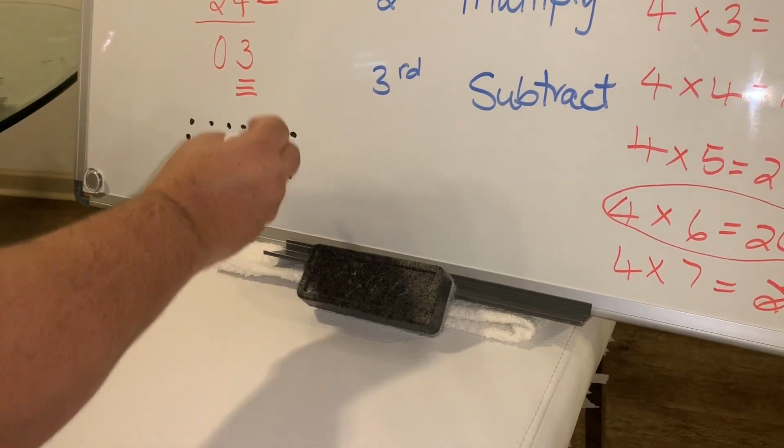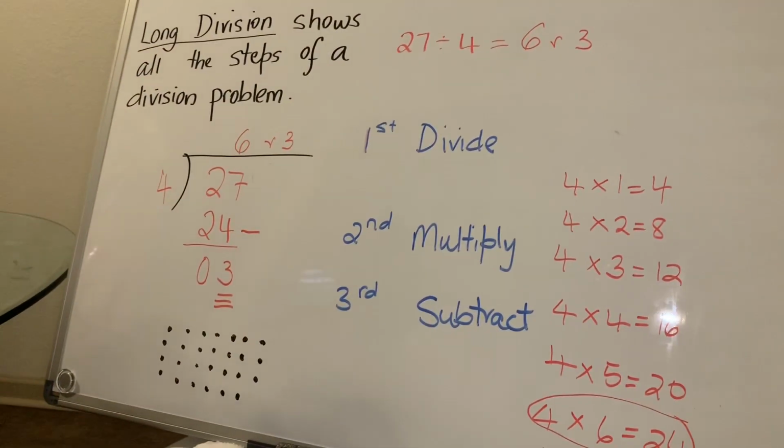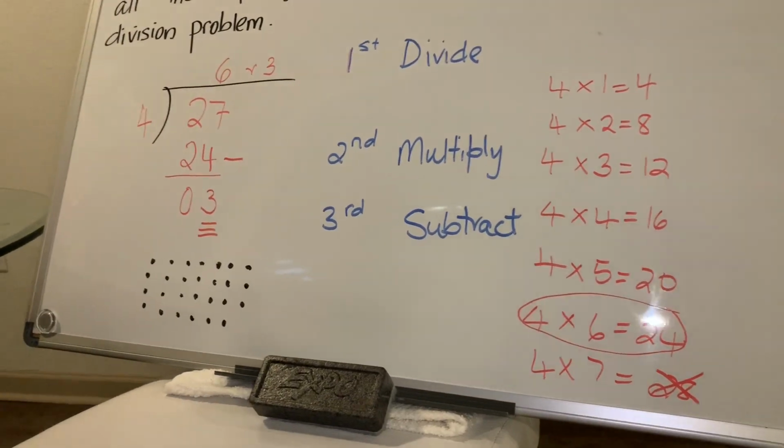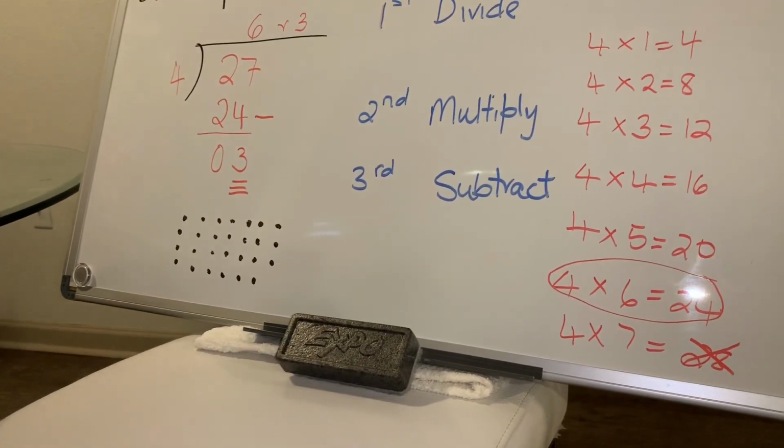If we had 27 dots, how many times could we take 4 dots out of 27 dots?